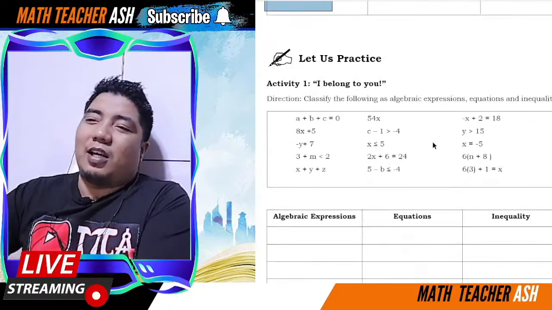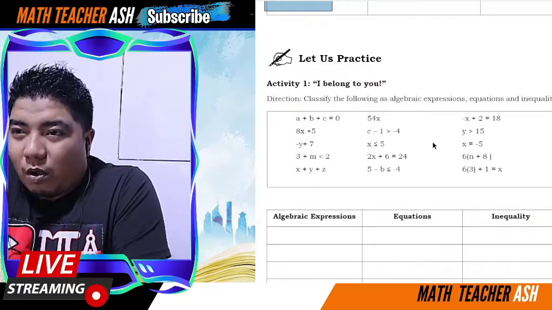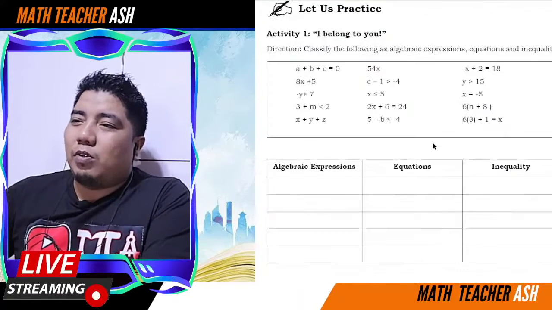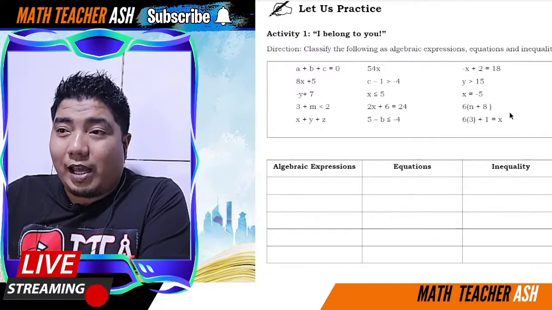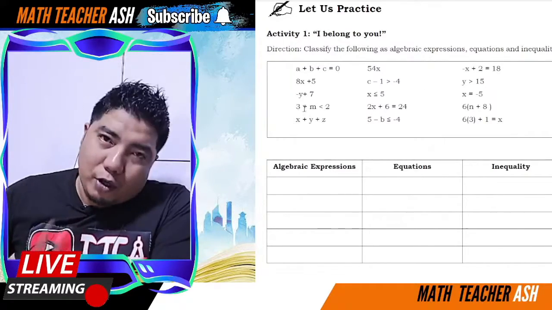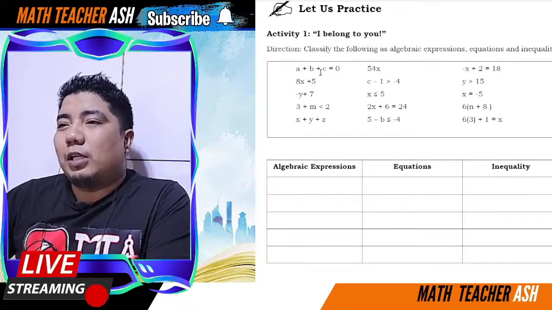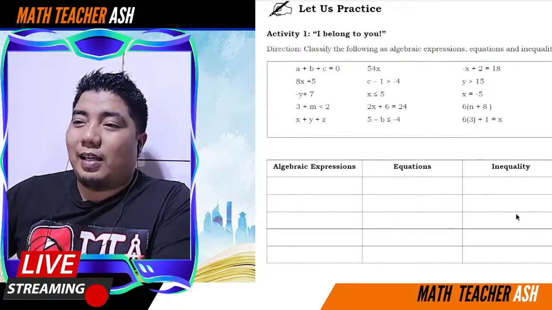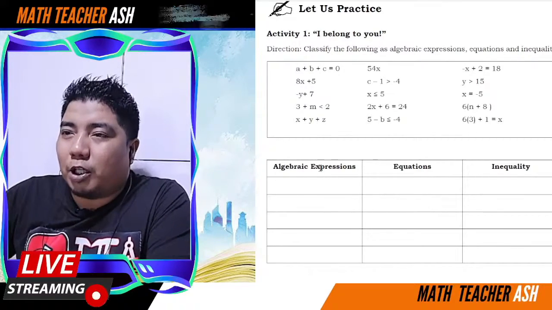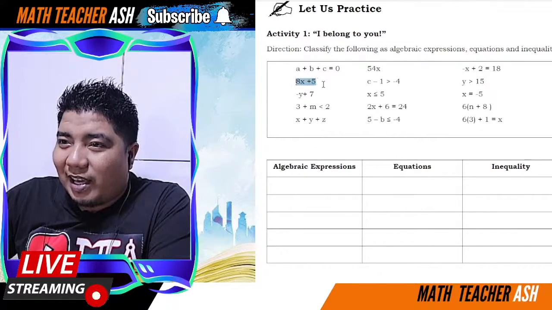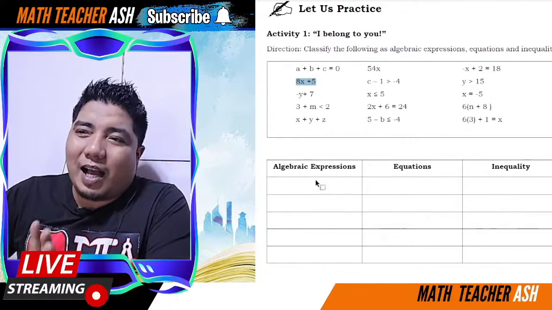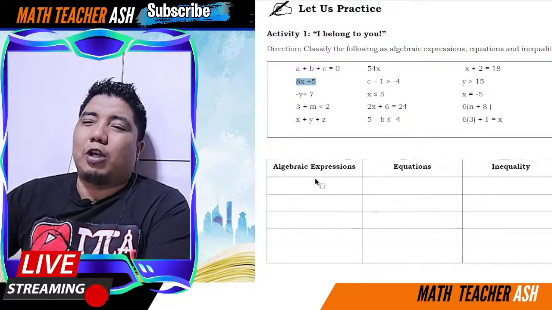So ngayon, kayo naman dito sa part na ito at ilalagay nyo kung sino sa kanila ang pasok sa algebraic expression, sa equation, and inequality. Okay, so for your bonus, ibibigay ko ang example ng tigi-isa. Okay, for algebraic expressions. From this line, ito yon. Ayan. Okay, yan. Isang example yan siya ng algebraic expression. Bakit?